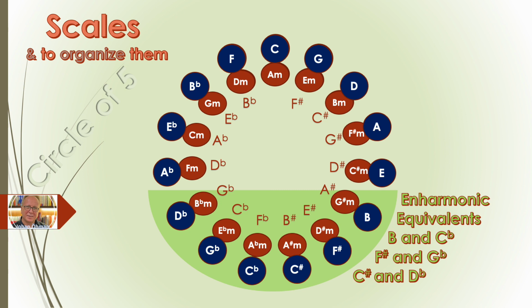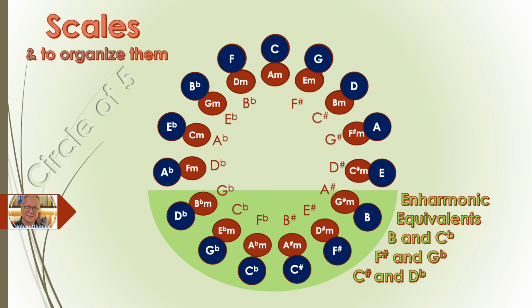At the bottom there you see the enharmonic equivalent scales, so remember those B and C flat. B is a scale with sharp notes in it. The C flat is obviously a flat scale, it has flat notes in it, but when you play them they sound exactly the same.